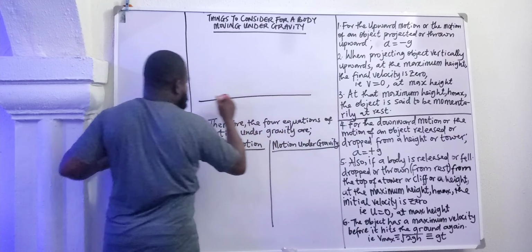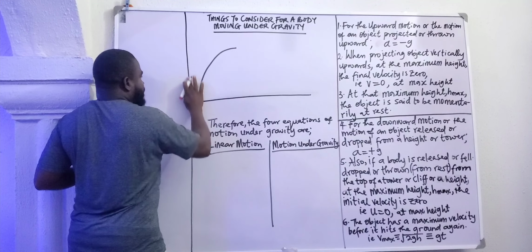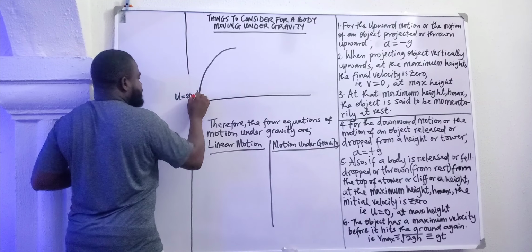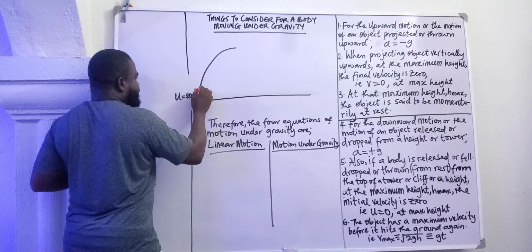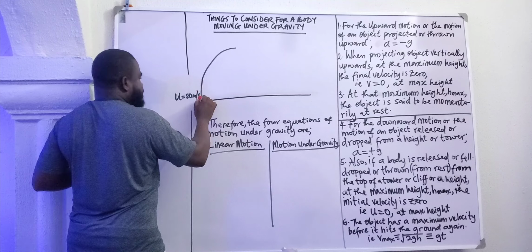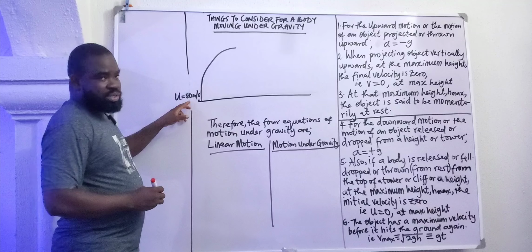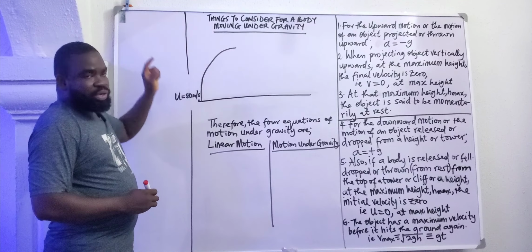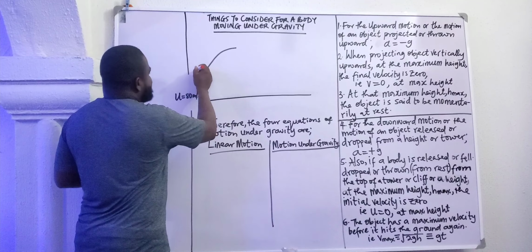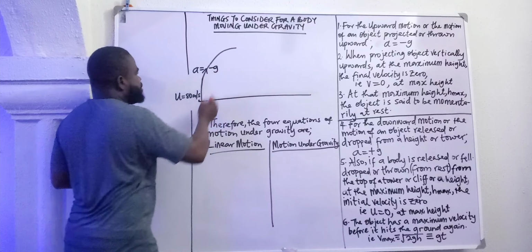Let's say the body is thrown up with an initial velocity of u, 80 meters per second. This is the velocity of throw, vertically upward. Now, as this body is moving up, because it is going against gravity, the acceleration of that body is negative g, it's minus g.